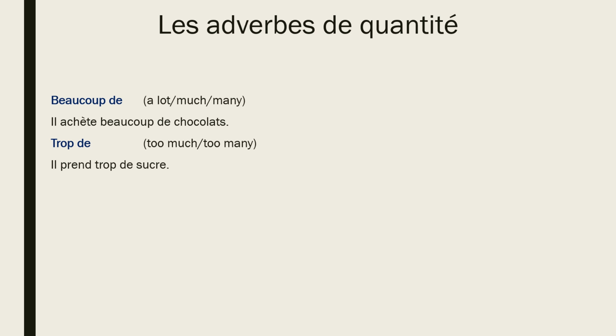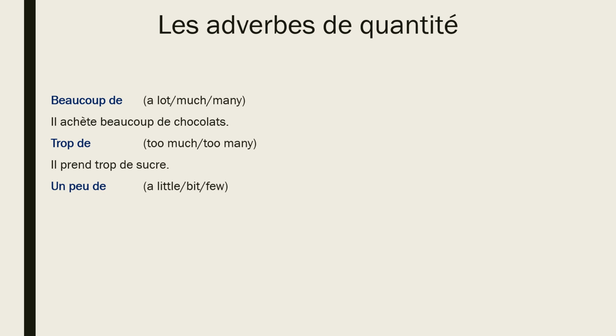We used beaucoup de in the positive context, but we use trop de in the negative context. For example, if he is taking a lot of sugar, it will definitely harm him. So it is negative. That is why we have used trop de here.